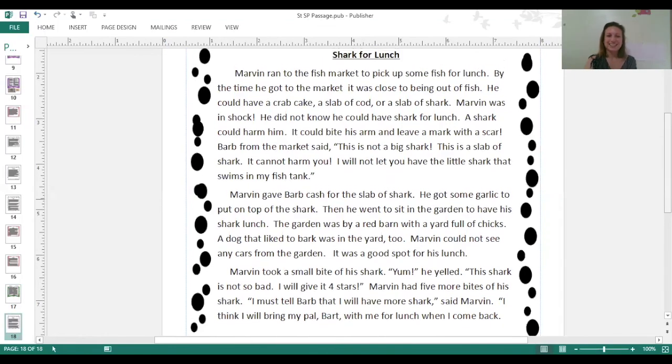What is the setting? What are some important details to know in this story? So make sure you pause and read this, or you can print it off your learning path if you're doing this through school.